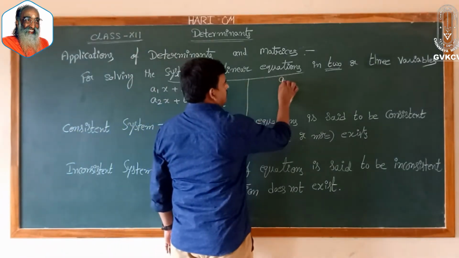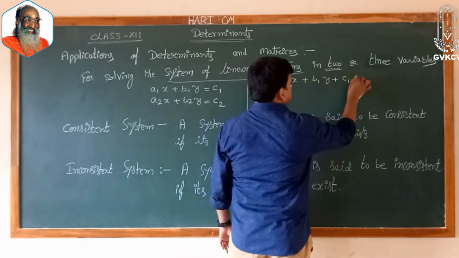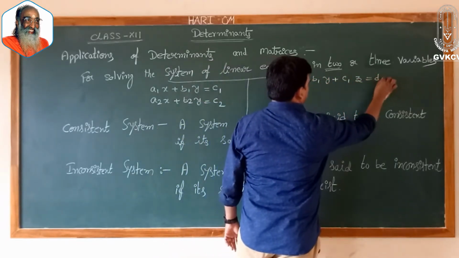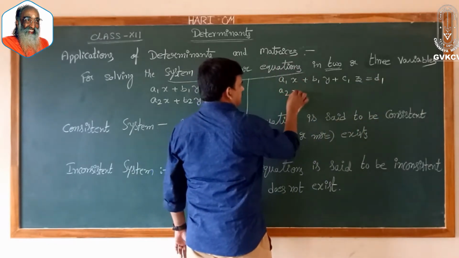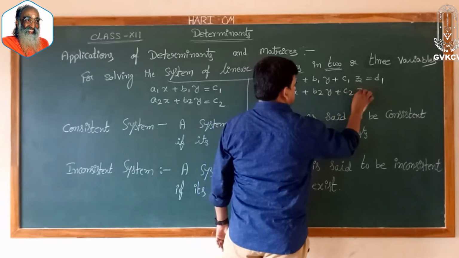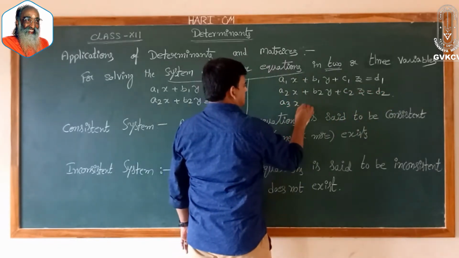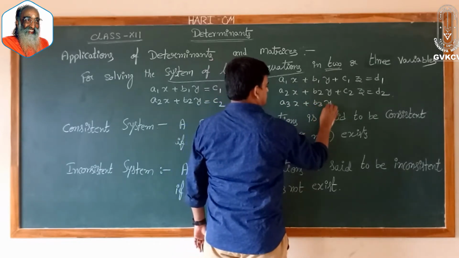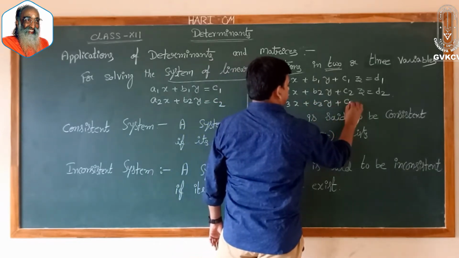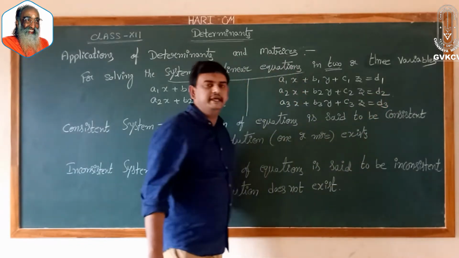Similarly, a1x plus b1y plus c1z is equal to d1, a2x plus b2y plus c2z is equal to d2, a3x plus b3y plus c3z is equal to d3.